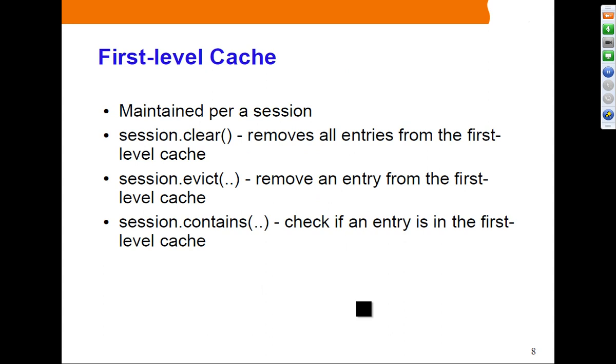First level cache is maintained per session, and there are a few APIs that you can use in your application to manipulate it. Session clear will remove all entries from the first level cache. Session evict, you specify a particular object, and it will remove that particular entry from the first level cache. And you can also check whether a particular entry is in the first level cache or not by calling contains.